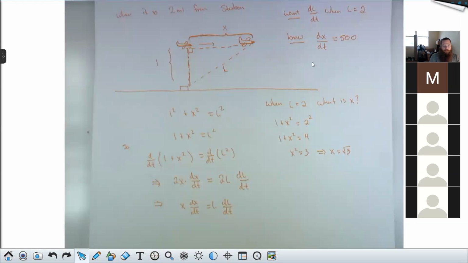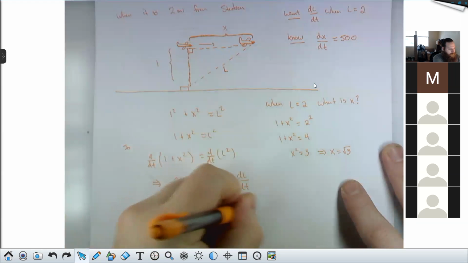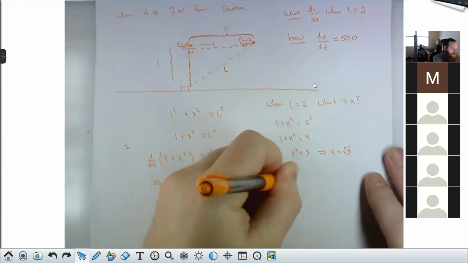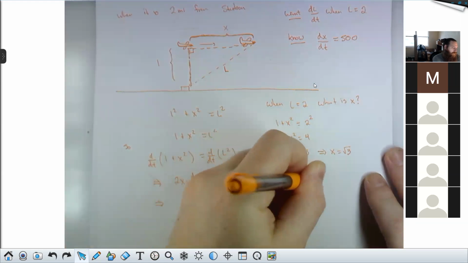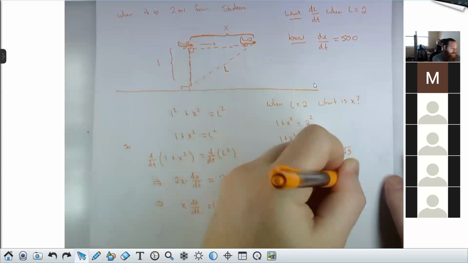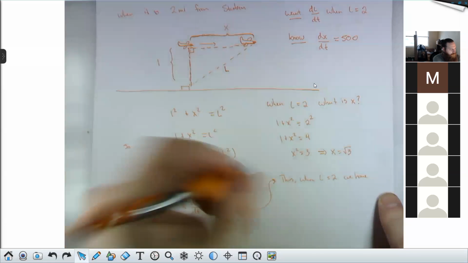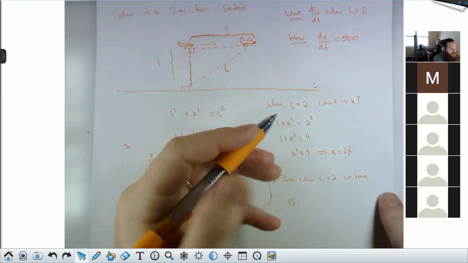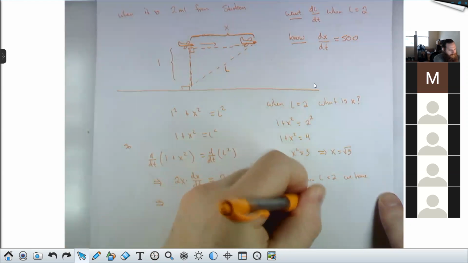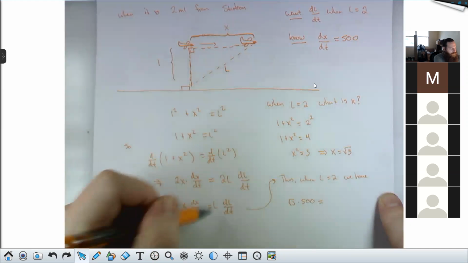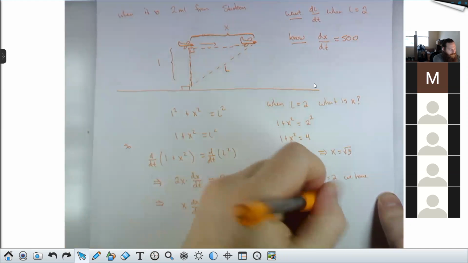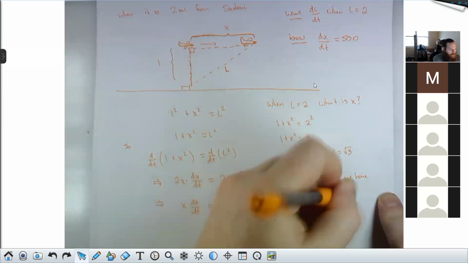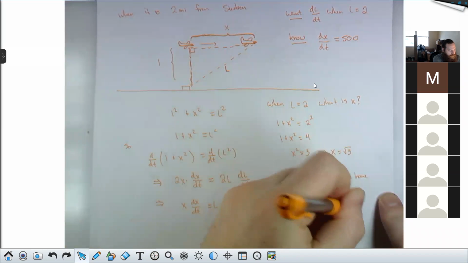Everything else I already know. So I want to find dL/dt at the moment when L is 2. So from here, when L is equal to 2, we have x, which is the square root of 3, times dx/dt, which we know is 500, equal to L times dL/dt. That's 2 times dL/dt.